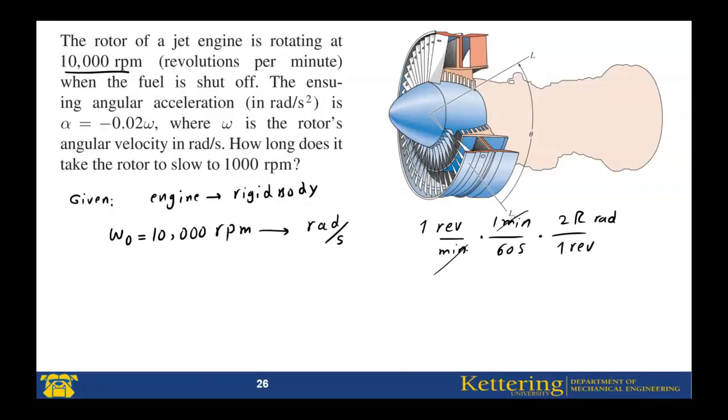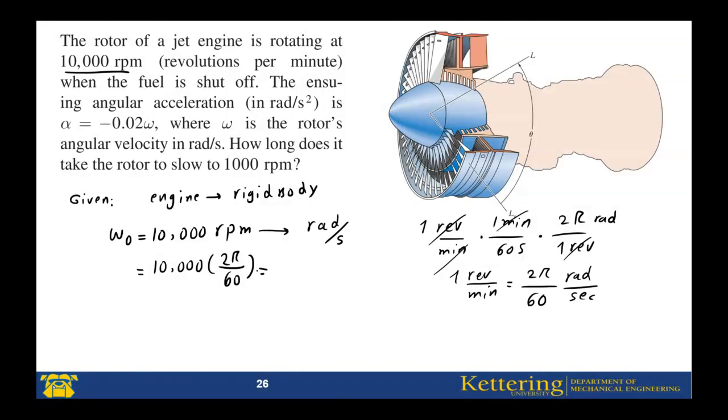Now, if you cancel this by this, by this, means I have one revolution per minute, it is 2 pi over 60 radians per second. Now, this one is equal to 10,000 multiplied by 2 pi over 60.